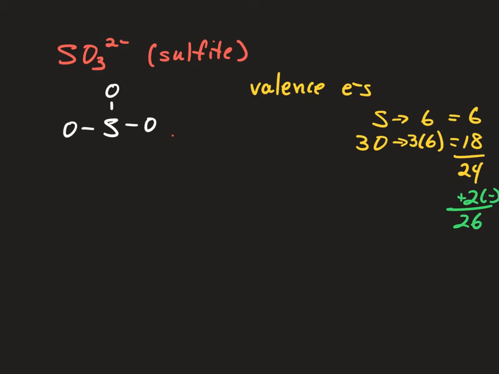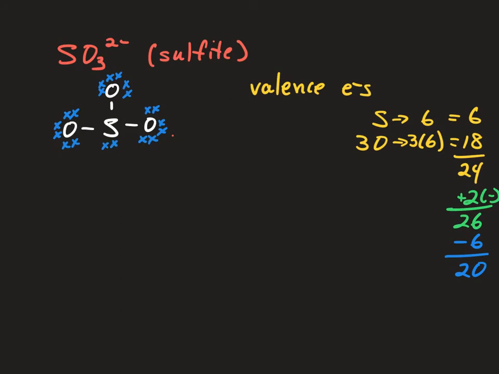But we've already accounted for 6 of those because of the bonds we already have there, leaving us with 20 to distribute. We start around the outside, right? Starting with the oxygens, distributing them as pairs until each oxygen has 8. That's 18, 19, 20. Right?